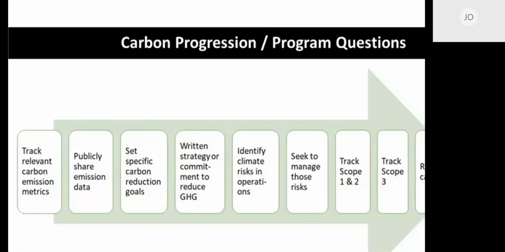Progressing then, do you set targets? Do you set metrics for reduction or goals for reduction, focusing on efficiency first? And then what's your commitment to this category, in this case, carbon? What's your strategy? Kathy mentioned net zero and defined that term. Is that part of your strategy?